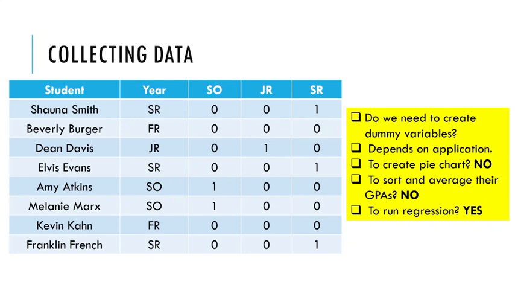I could even sort by freshman, sophomore, junior, and senior and still calculate GPAs. But for some things, like the final bullet says, to run a regression where I'm controlling for year, yeah, I'm going to have dummy variables in this way. So we'll come back to this and we will be using this idea of dummy variables and categorical dummy variables this semester. So please make sure you understand it.